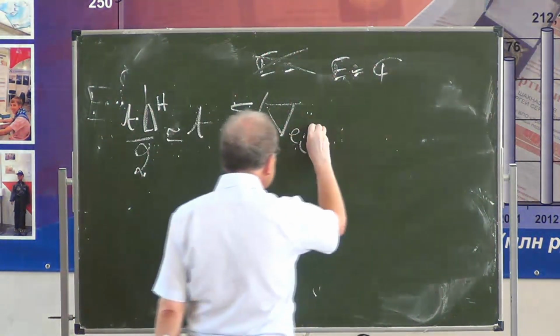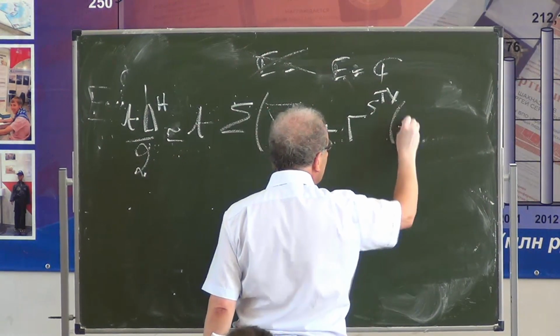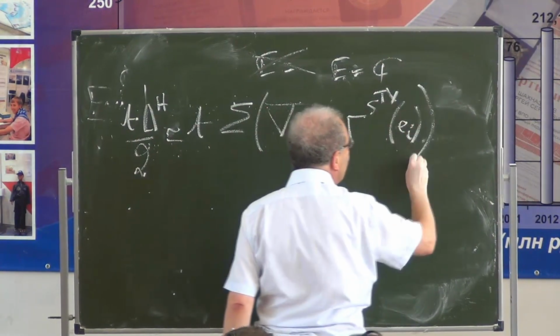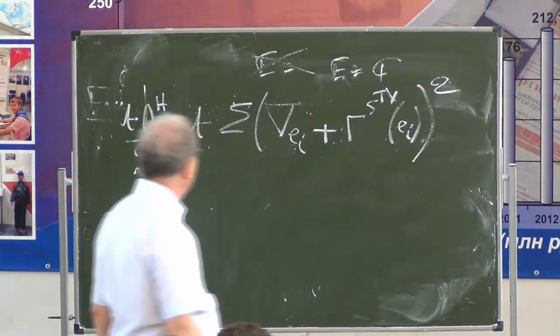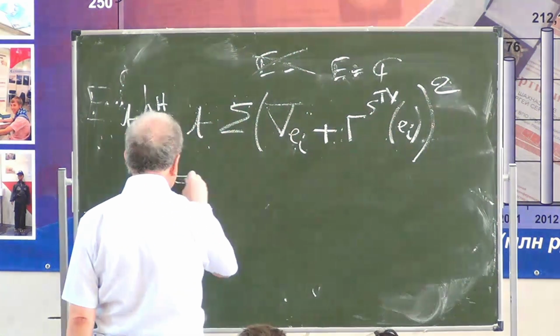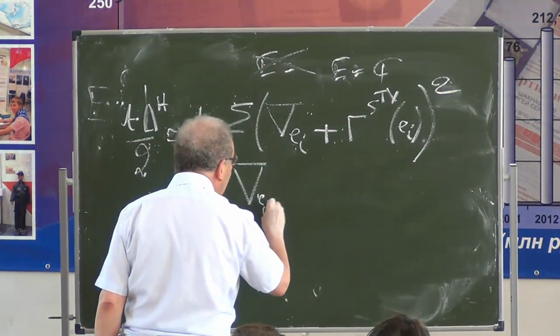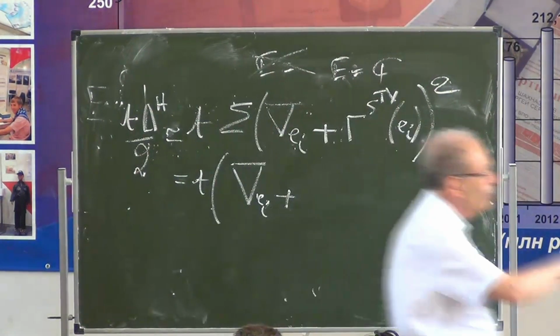So this is just equal plus gamma of STX of EI squared. That's the definition, that the sum of the covariant derivatives on a spinor is to the square. And so this is just equal to delta plus nabla EI. I just use the formula which is there.